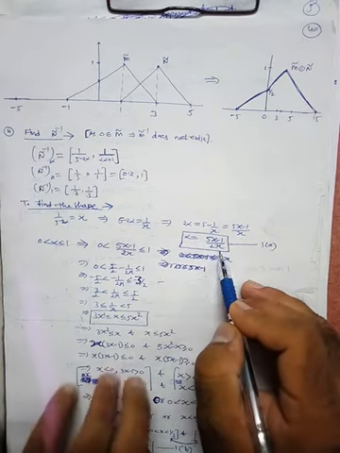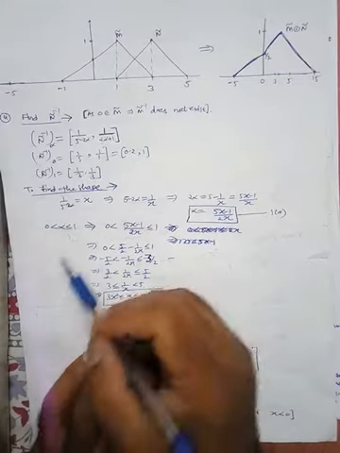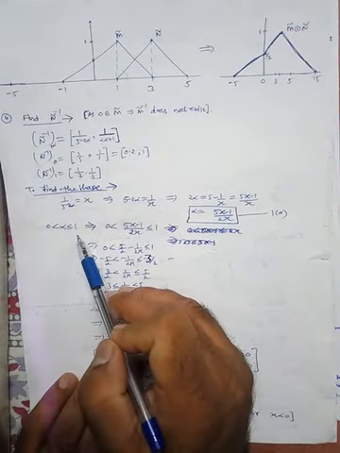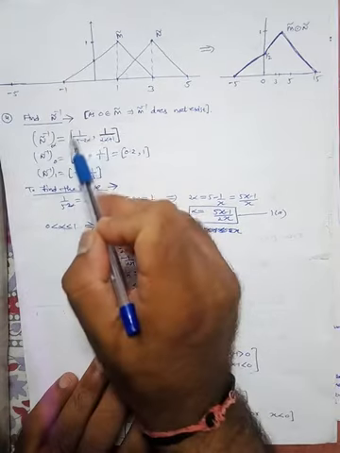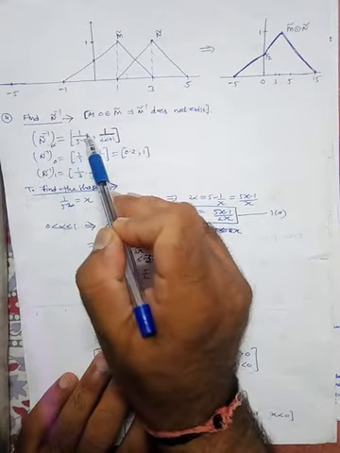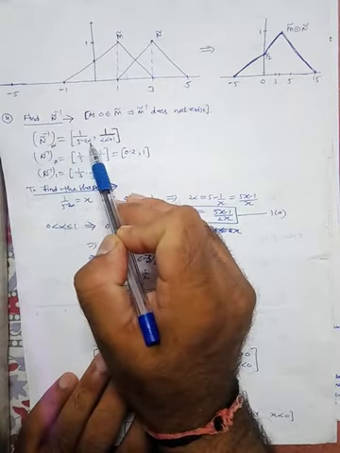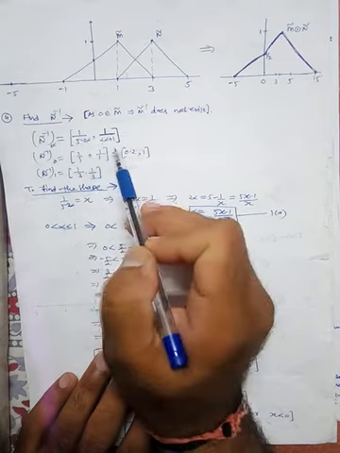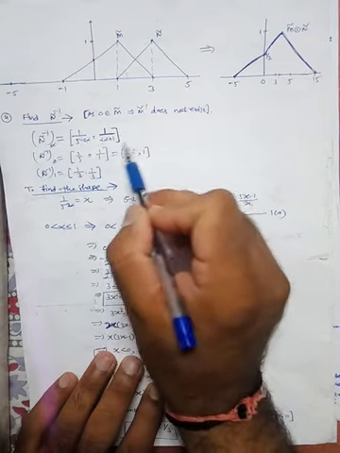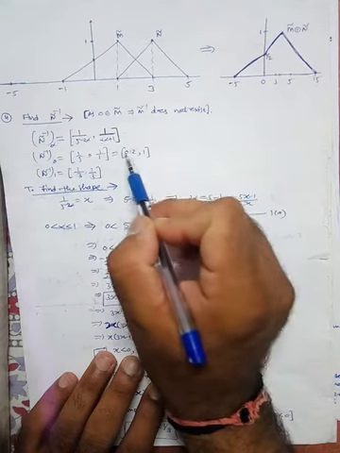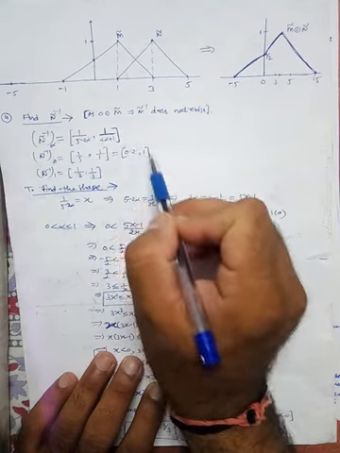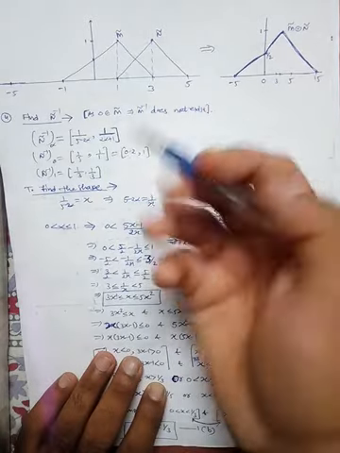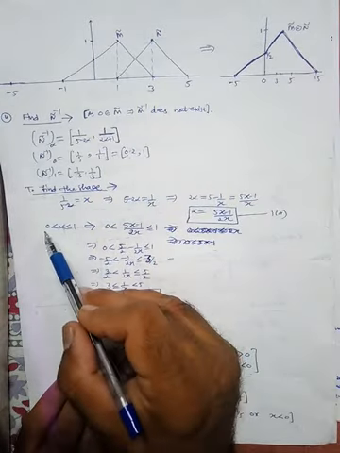Now find the range of x. Since we know that alpha is in between 0 and 1, because this value is always greater than 0 for every value of alpha. If you put alpha equal to 0, we get 1 by 5. Also you can see that the support is a positive range, 0.2 to 1, that means the function is a positive number. Hence you can take the range of alpha as from 0 to 1.